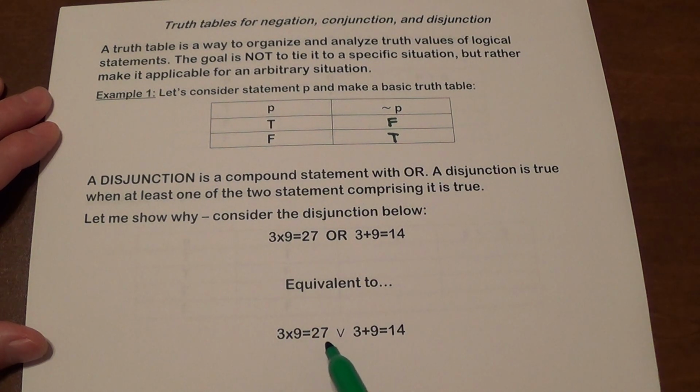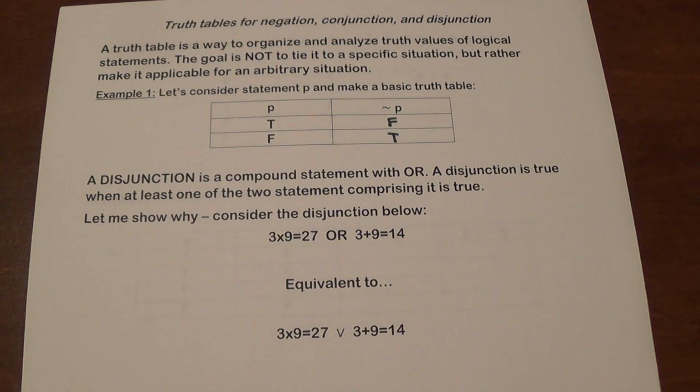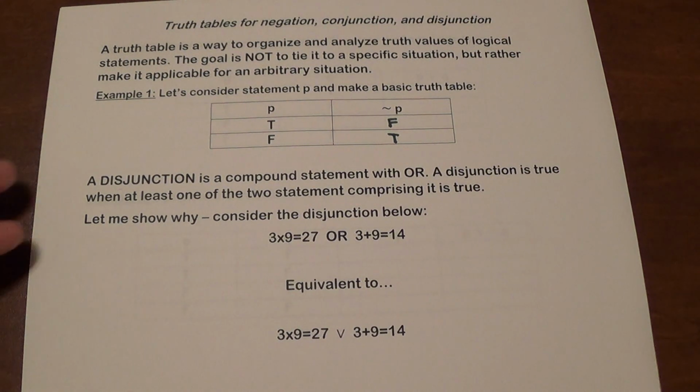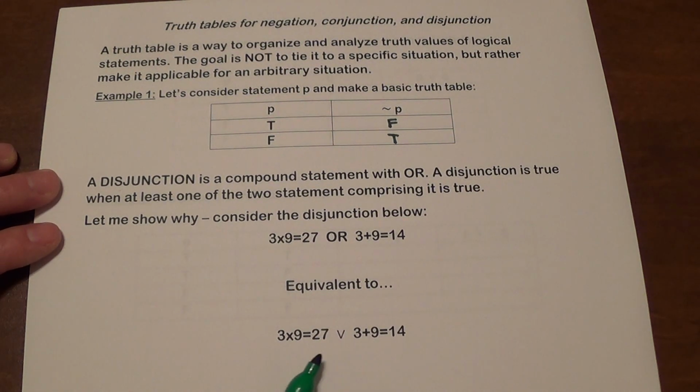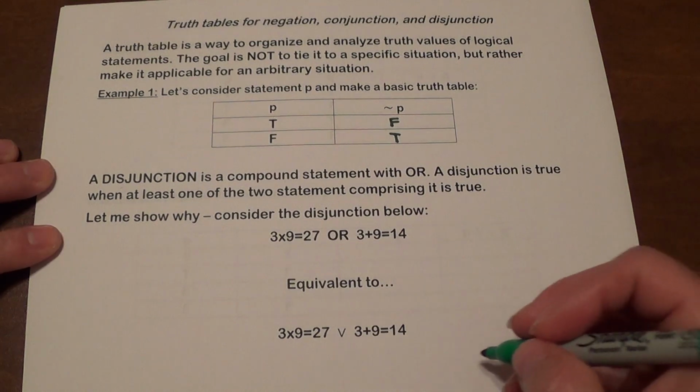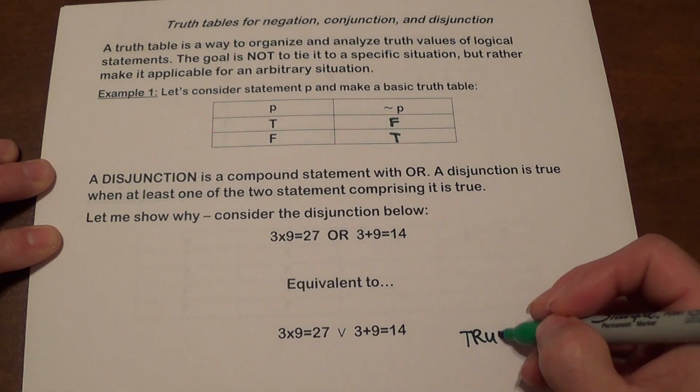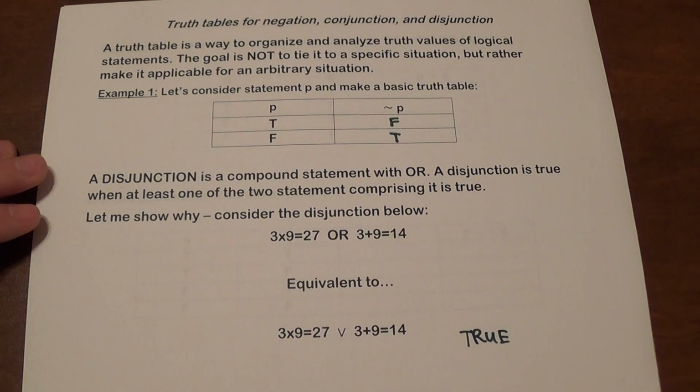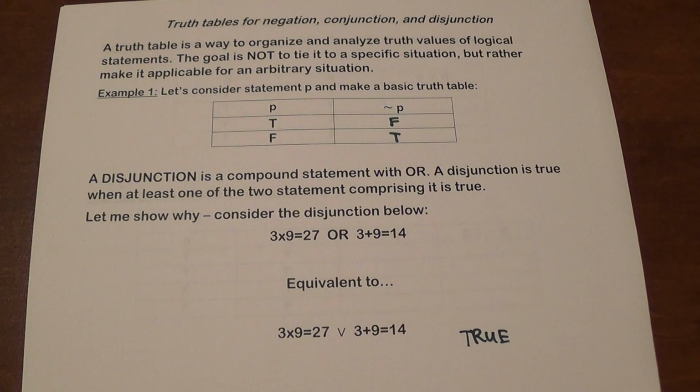We know that 3 times 9 is 27, but 3 plus 9 is not 14. So this one here is false, but because we want or, at least one of them is true, this whole statement is actually true, even though one of those statements that make it up is false.